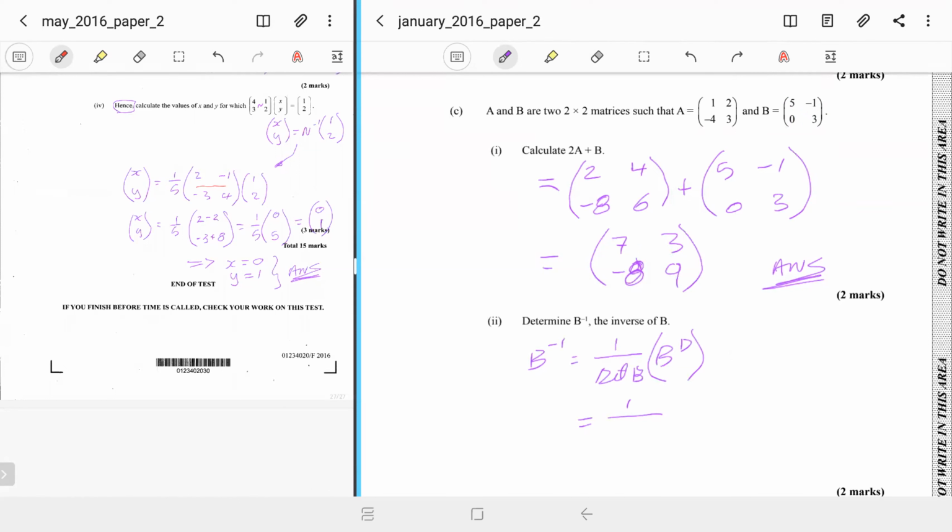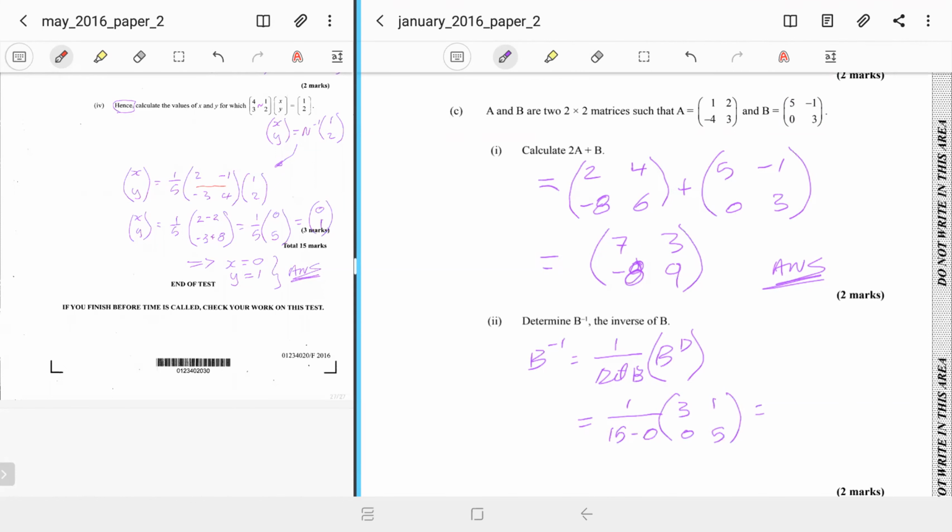So 5 times 3 is 15, minus 0. Multiply by the adjoint. Interchange these two on the leading diagonal, 3 up here, 5 down here. Leave these two where they are. Change the sign: 1, 0.